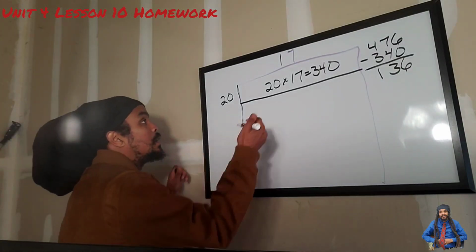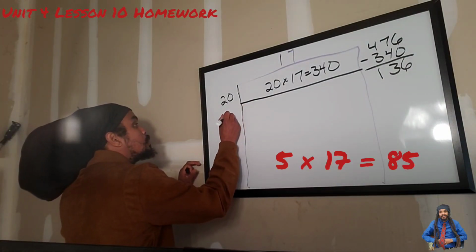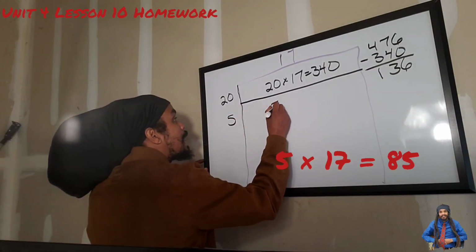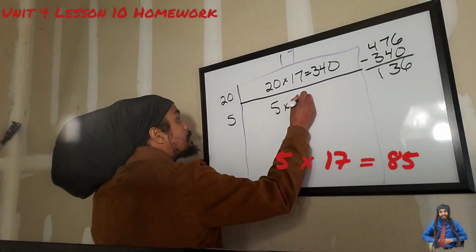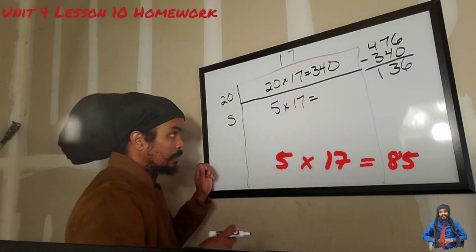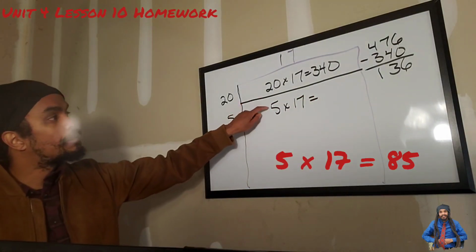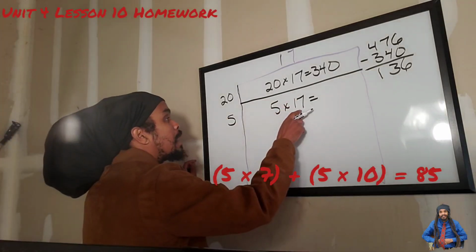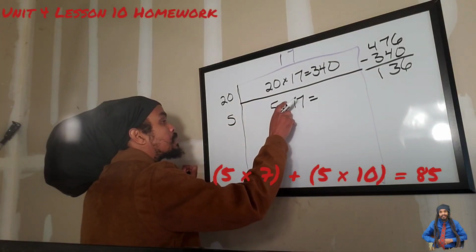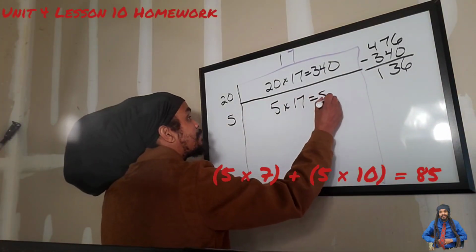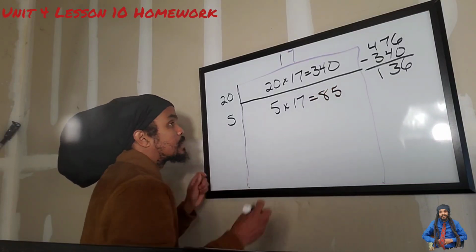We'll do a 5 over here. 5 times 17. You should know 5 times 7 is 35, plus 5 times 10 is 50, so it's 85, because you did 50 plus 35.